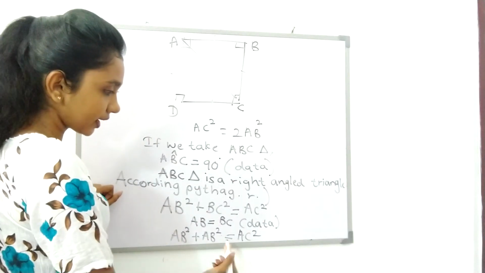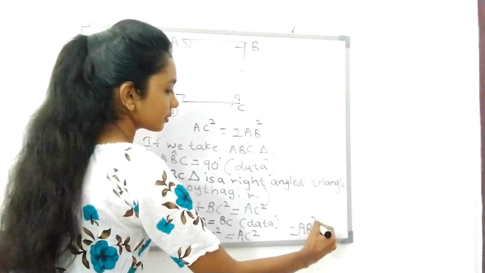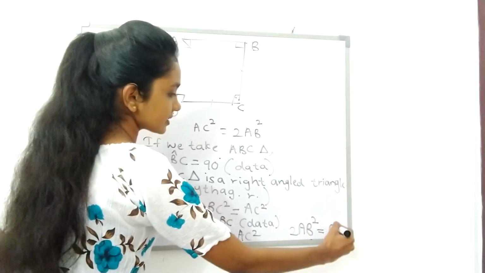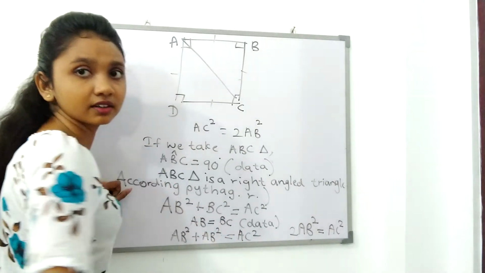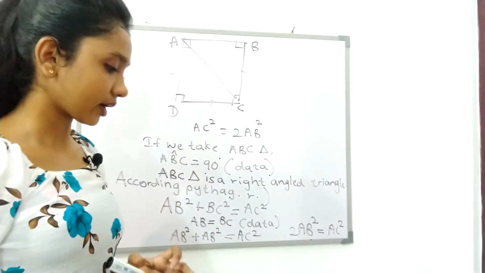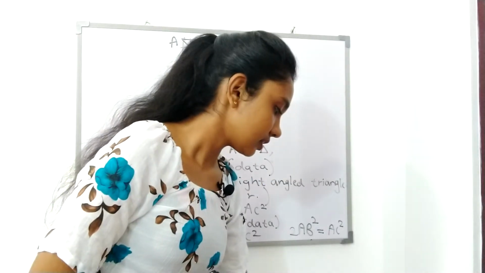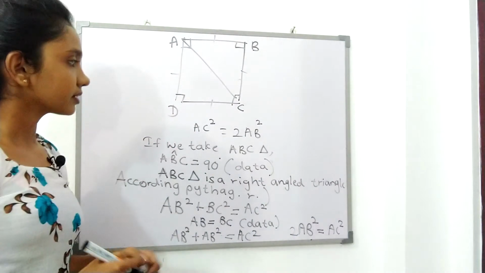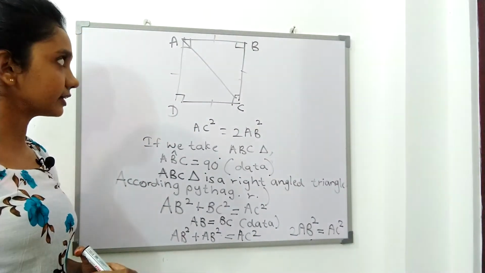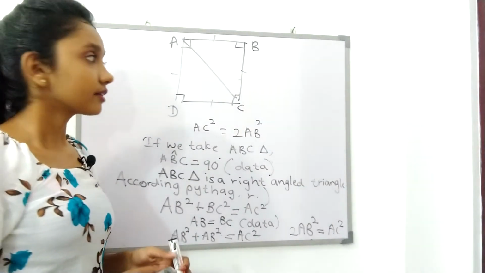So finally you can write 2AB squared is equal to AC squared, right children? Like this, with the relevant theory, we can prove the sums.